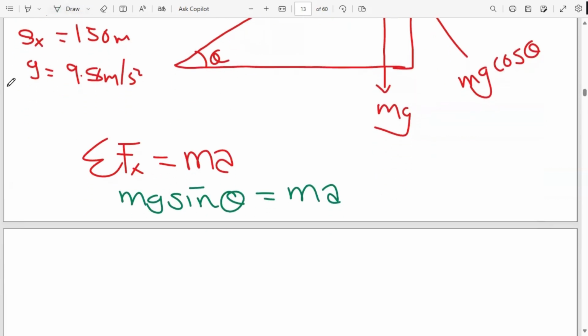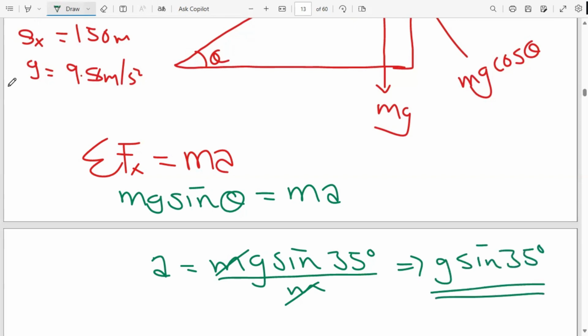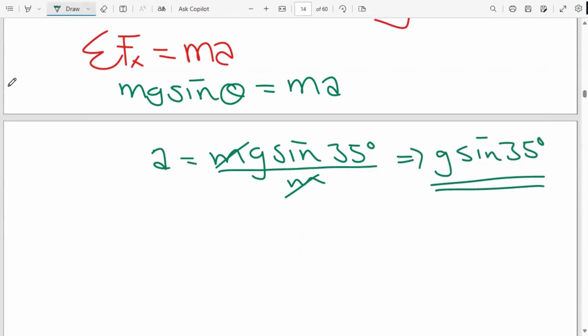We are looking for acceleration, so acceleration is equal to mg sine theta, where theta is 35 degrees, divided by mass itself. Mass will cancel out with mass there. That means my acceleration is equal to g sine 35 degrees. This is what they asked us to show or prove. Then from here, we can calculate the actual acceleration.